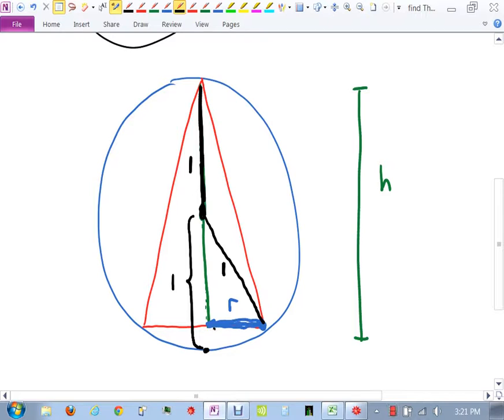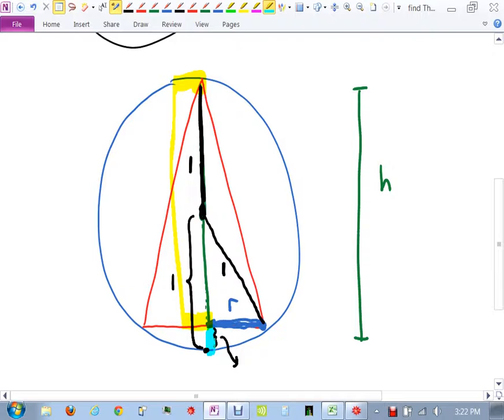How long is it from the top of the North Pole down to the bottom of the triangle? Not from the top to the South Pole. From the top to the bottom of the triangle. From here to here is what? That's h. The yellow is h, right?